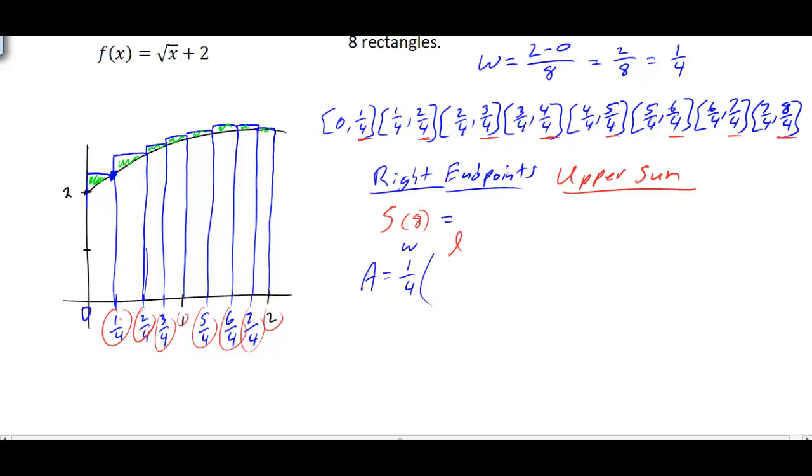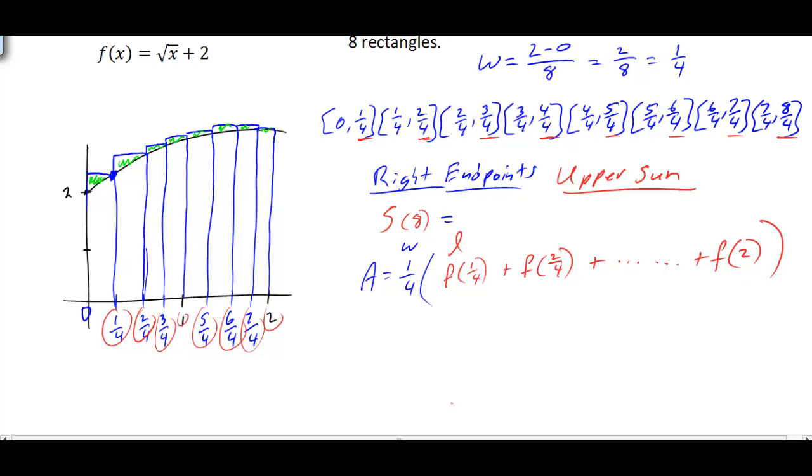We start at 1/4, so we need to find f of 1/4 plus f of 2/4, and then you would continue on until you get to f of 2.